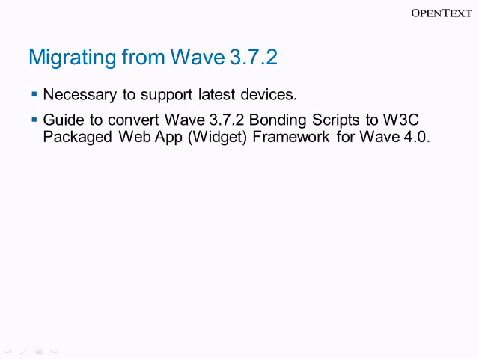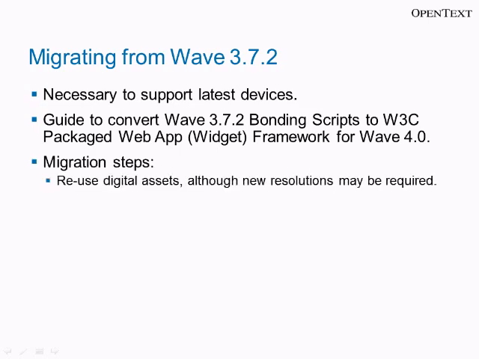And then we can look at all the migration steps if you do want to migrate from Wave 3.7.2 to 4, where you can reuse all your digital assets. You just would have to develop new resolutions to support the latest devices. You can reuse much of the original content integration that you already have in place.